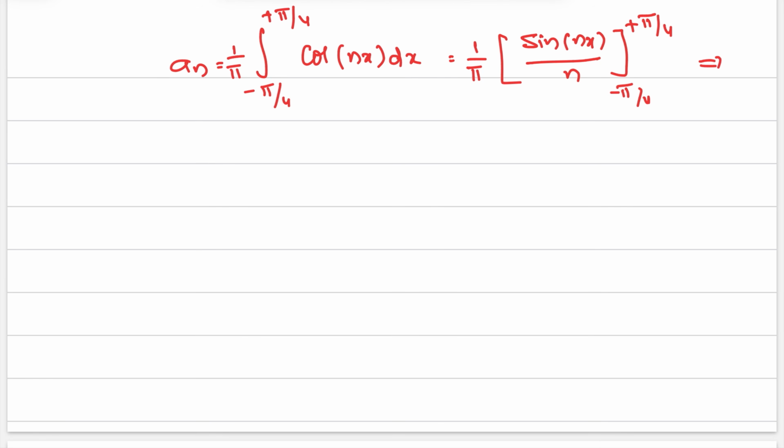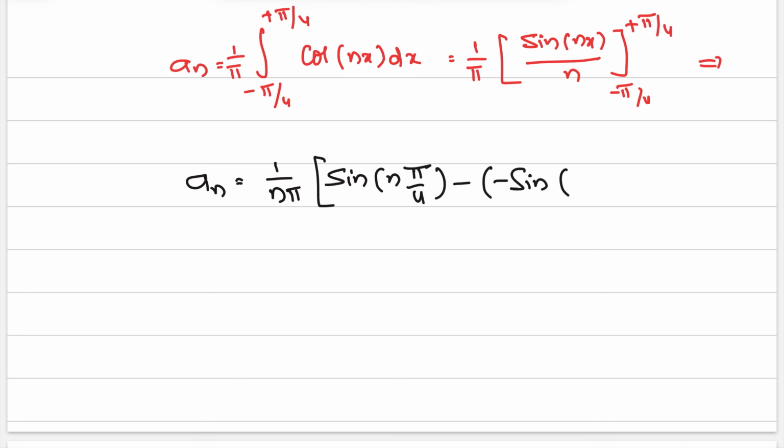That implies an is equal to 1 by n pi into sin n pi by 4 minus minus sin n pi by 4.